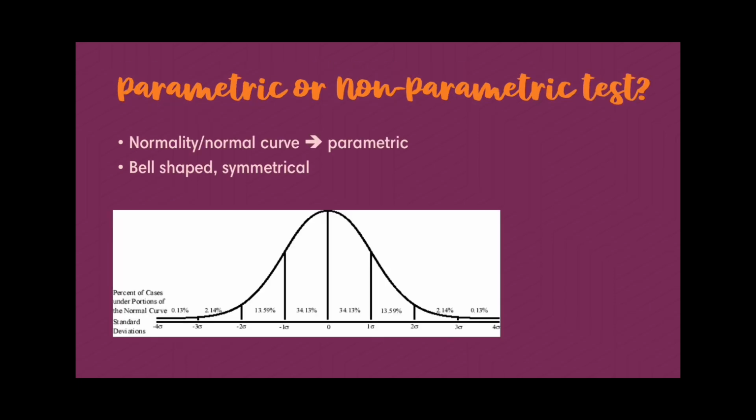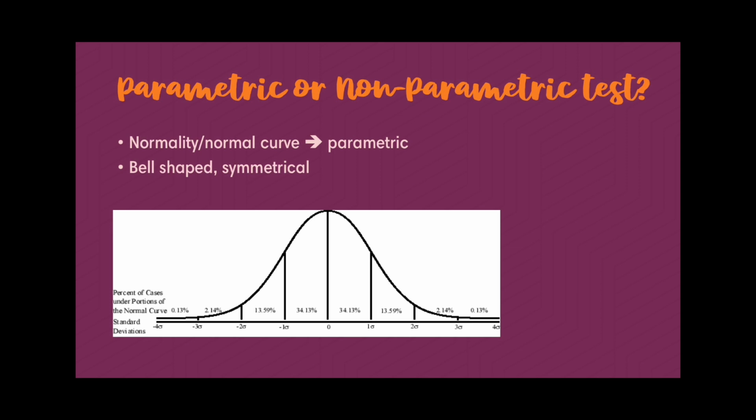Now, there are two sets of inferential statistics that you will encounter and that you will have to use based on the nature of the variable and the nature of the distribution of your data set. And there are two types. You have the parametric and the nonparametric test.